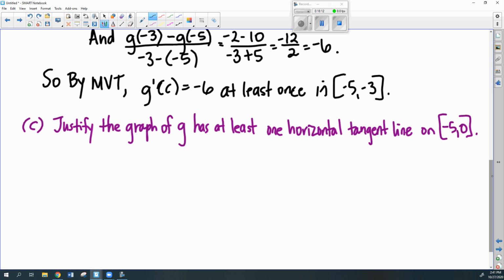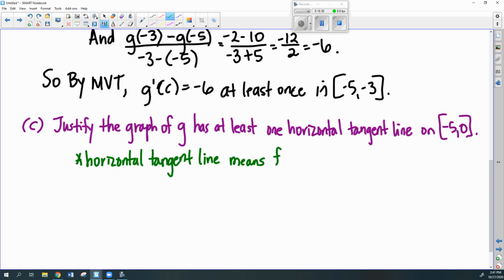Okay, well, horizontal tangent, all right, now you can include this as part of your explanation, but at some point you need to understand that a horizontal tangent line, all right, means that the slope is equal to 0.